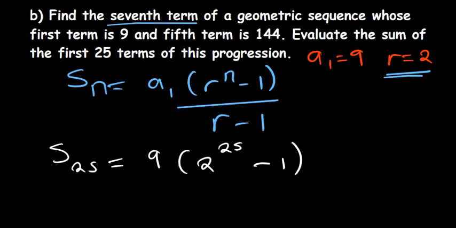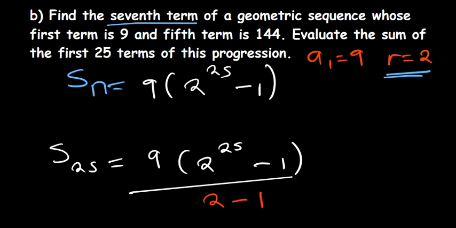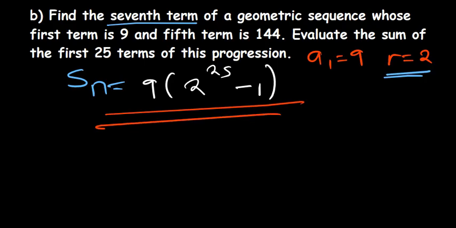On the bottom it's r minus 1, so our r is 2, and 2 minus 1 is 1, not what I put. So that will just remain with 9 times 2 to the power 25 minus 1. I'll leave it to you to simplify the power of 25. If you're not allowed to use calculators, just end there. If calculators are allowed, you can punch in 2 to the power 25, subtract 1, and then multiply by 9. That will give you the sum of the first 25 terms of this GP.